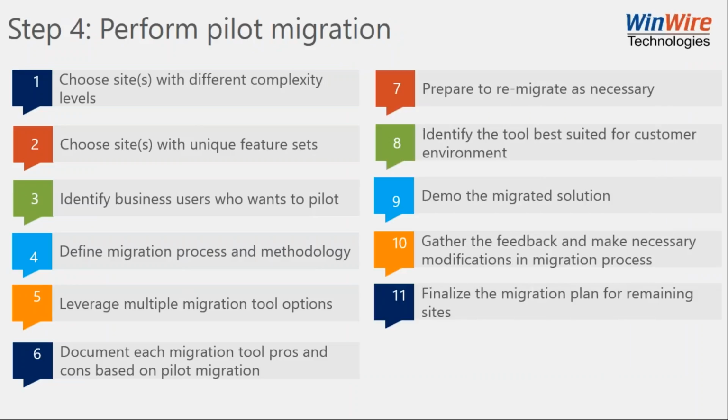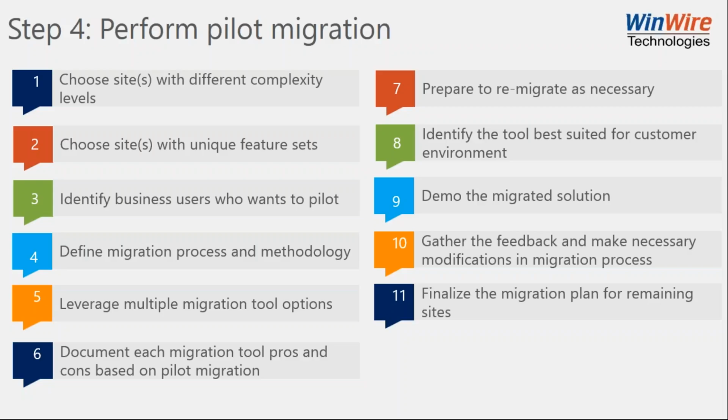Then, as you suggested, you need to definitely think of planning a pilot migration before you start your actual migration. For the pilot migration, the first step is choosing the sites with different complexity levels. You may have to pick something with just documents, and something with other features like databases and anything else from eRoom.